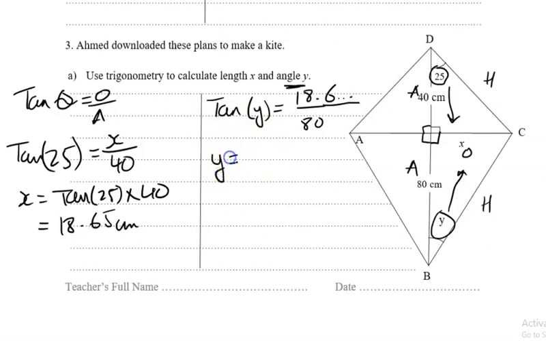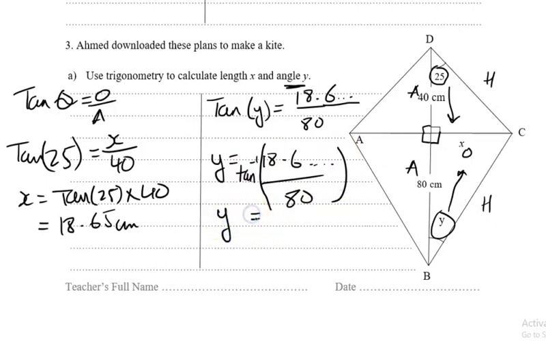So y is going to equal 18.6 over 80. When we take tan to the other side, it becomes tan inverse. So we're going to have tan inverse, then all of this in the brackets. y is going to equal 13.12 to 2 decimal places.